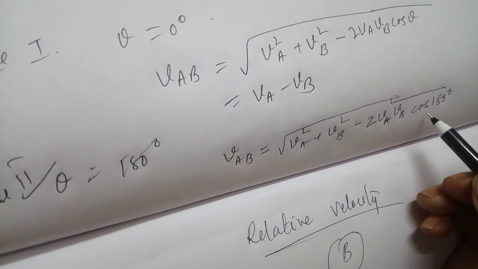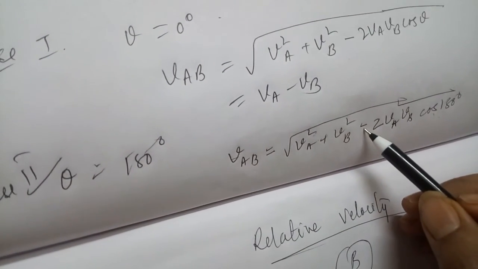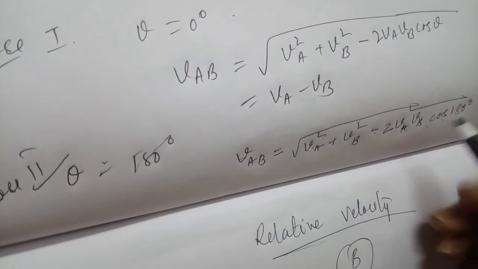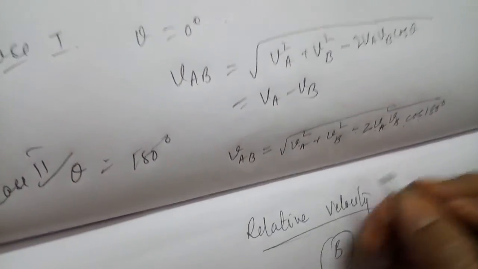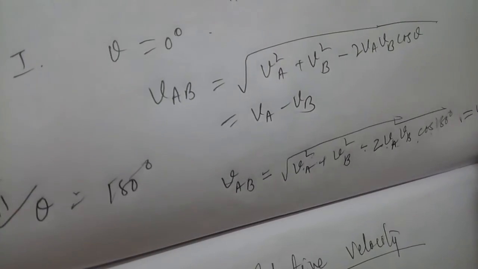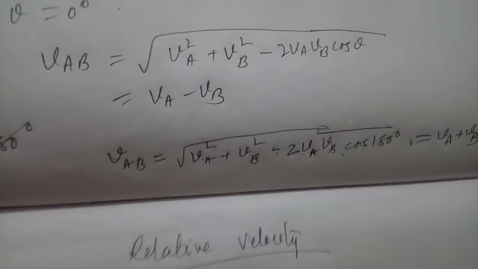Cos 180 degrees is minus 1, so minus minus is plus, so we are getting v square a plus v square b plus 2 va vb. So ultimately it is va plus vb, the whole square. So we are getting this value as va plus vb.